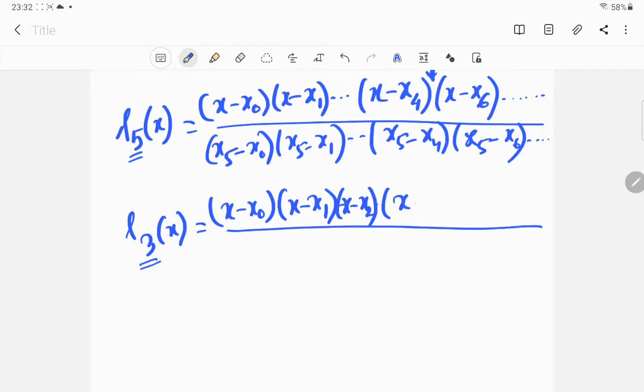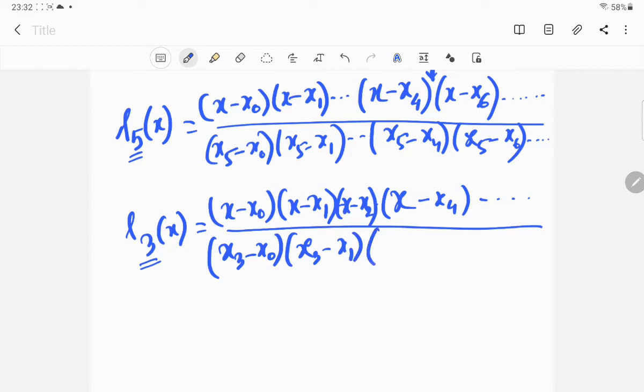So we will write x minus x4, and it will go on. Similarly, it will be x3 minus x naught, x3 minus x1, x3 minus x2, x3 minus x4, and it will go on. So this is a way of writing this Lagrange interpolating polynomial.